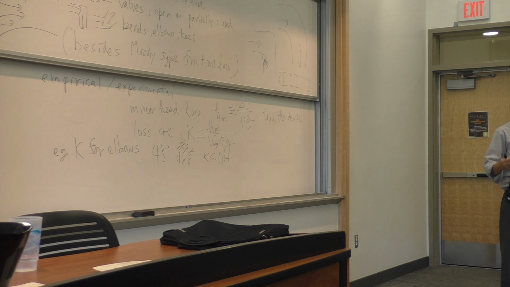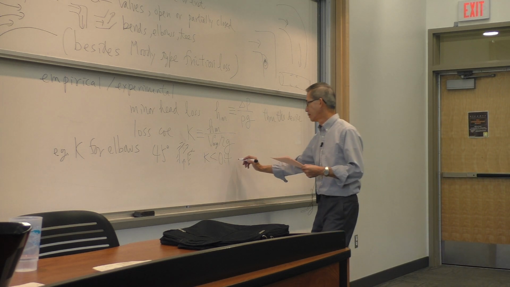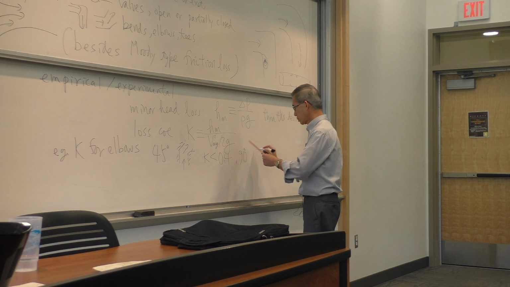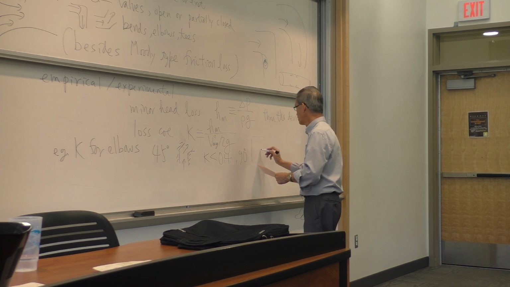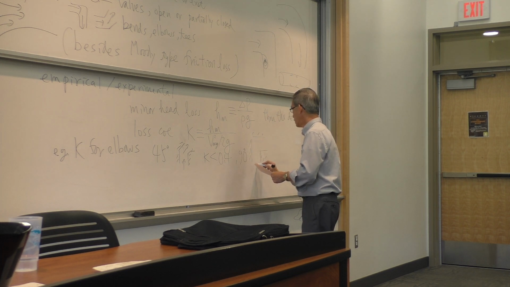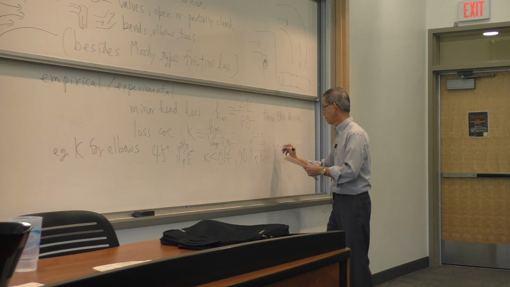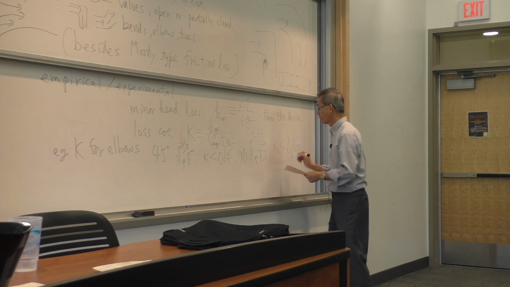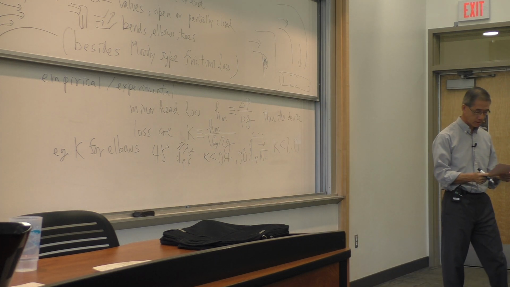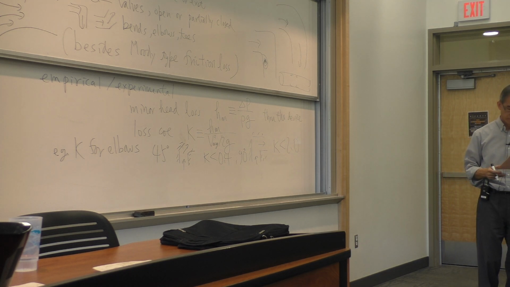And those are all tabulated, and in chapter 8, you'll find all of those. In the next lecture, I'll give you some examples of different losses for valve, pipe, turn, intake, exit, and for 90-degree turn, which is more severe, and you expect more losses. And again, depending on specific geometry, the K value could be 5 times more, et cetera. So all those are given to you in the form of the table lookup. And the manufacturer of which you're trying to buy the equipment from will have to provide that, so you can estimate it.